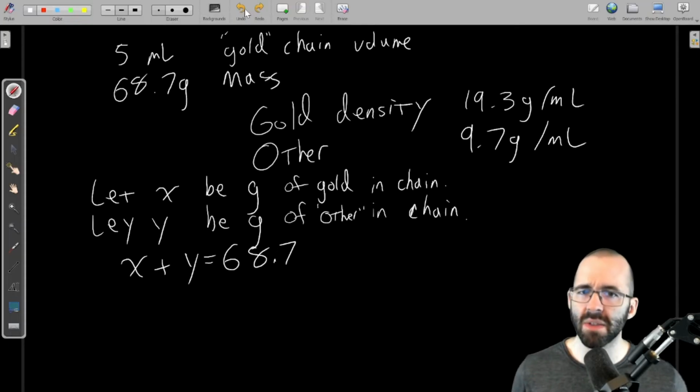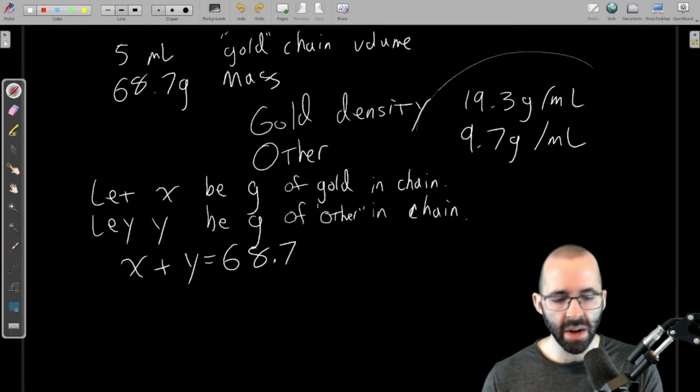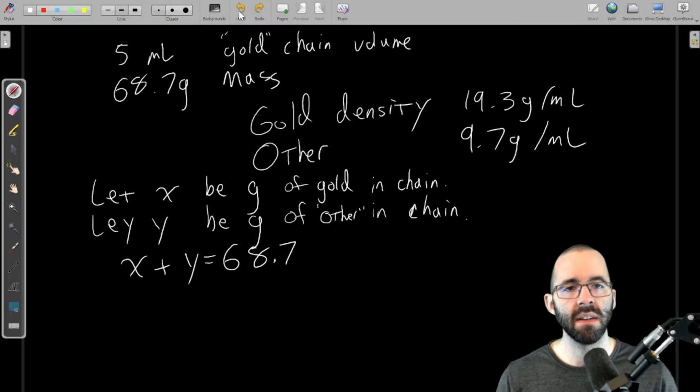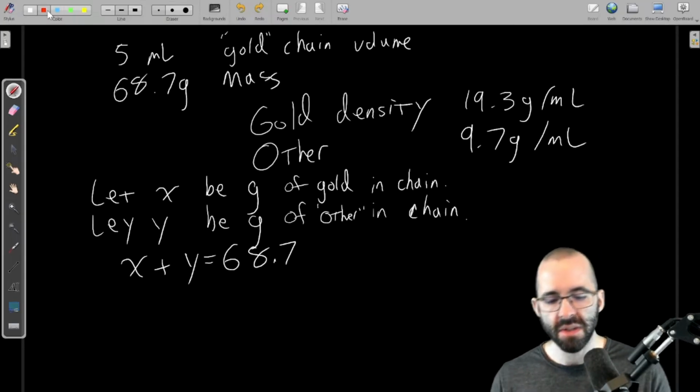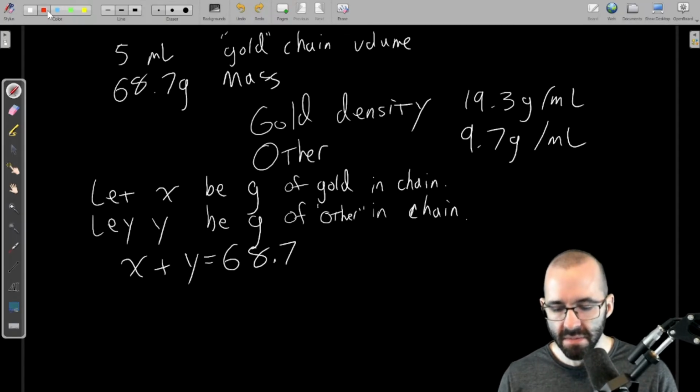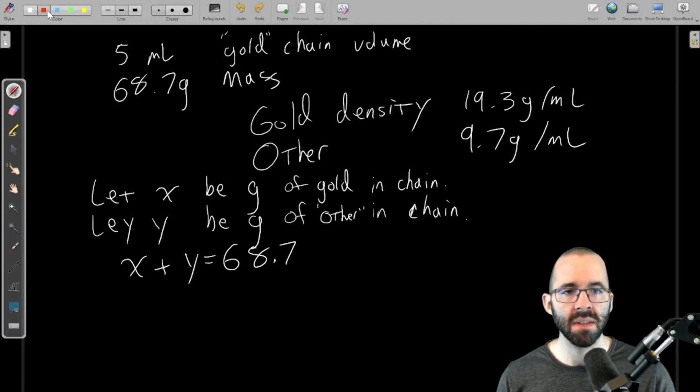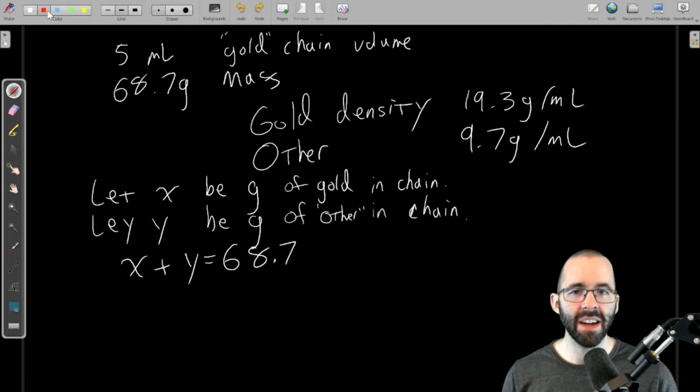Now this one is a little bit more interesting. We're going to have to use the density. Let's approach this problem a little bit differently. If we have X grams of gold, and the gold density is about 19.3 grams per milliliter. Oh, we've got a bit of an issue here. Because if X is gold, we can't just multiply them together.